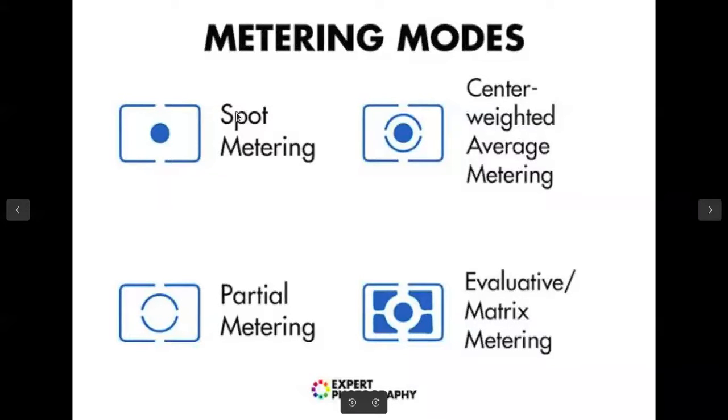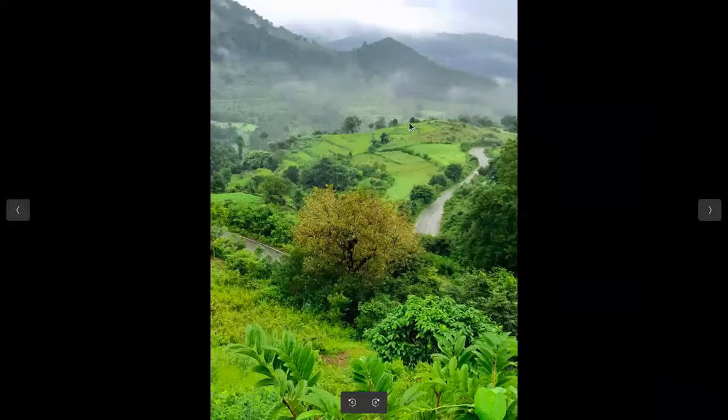What is spot metering? Spot metering is nothing but it will not consider the entire frame, right? It will be considering, let us say, one particular point that the photographer decides, and that is called spot metering. Let us say I don't want the camera to decide the exposure of the photo depending upon all the points, but only for this particular region.